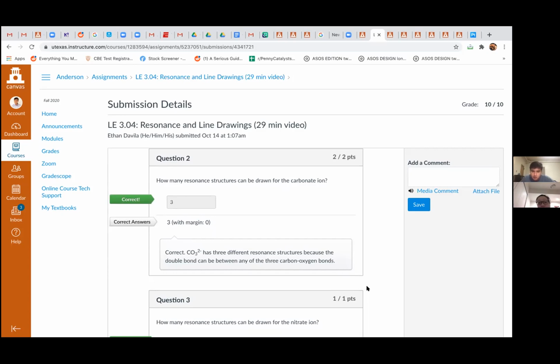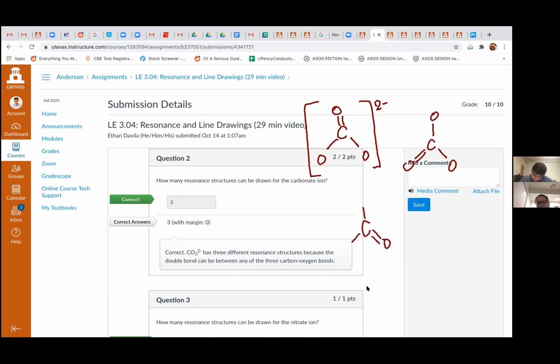So how do you draw carbonate? It's supposed to look like this. It can look like this, or it can look like this. So when you have the 2 minus, you just put it in brackets at the top.